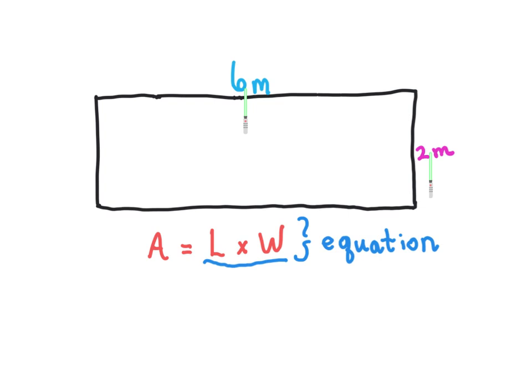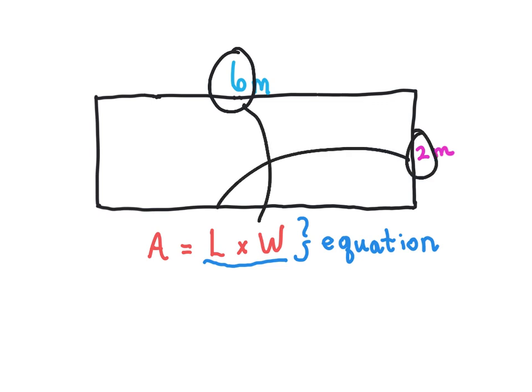We also called it a formula. So now you have to know that A stands for area, L stands for length, and W stands for width. Then, like we did before, we take our factors and plug them in to where they belong.